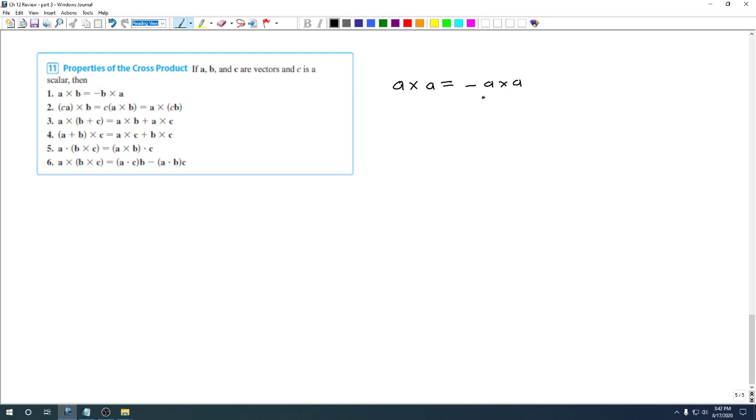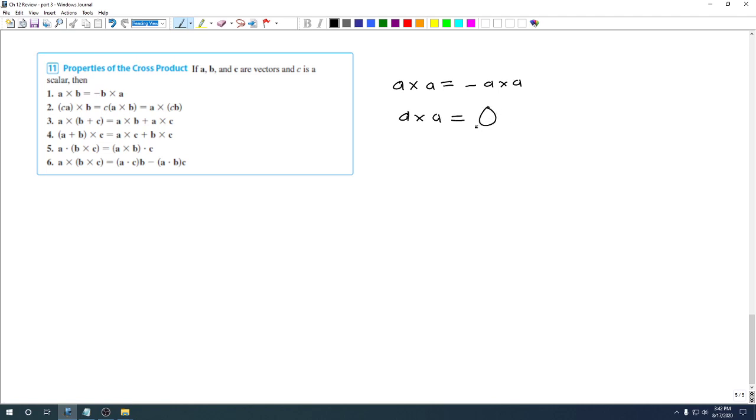A cross A has to equal negative A cross A. Well, what's a vector that is its own negative? Similar to regular numbers, that means A cross A has to equal the zero vector.